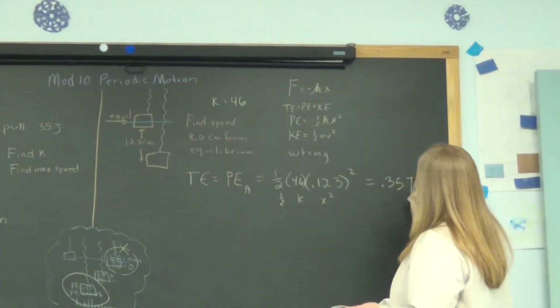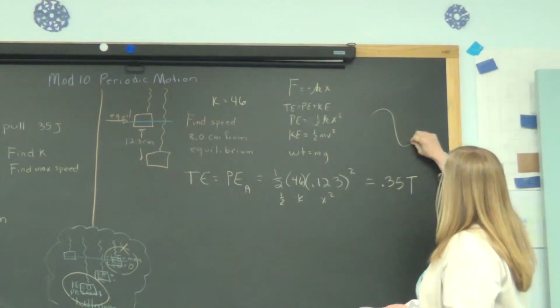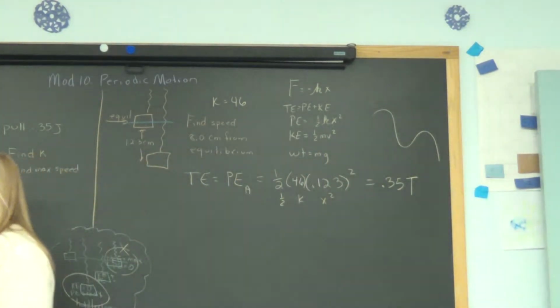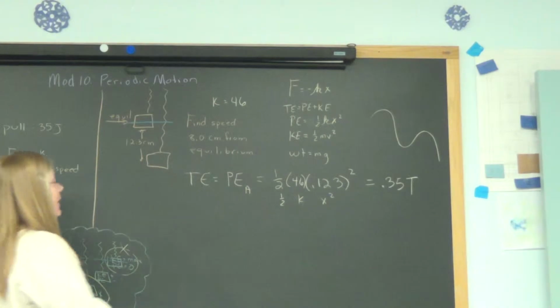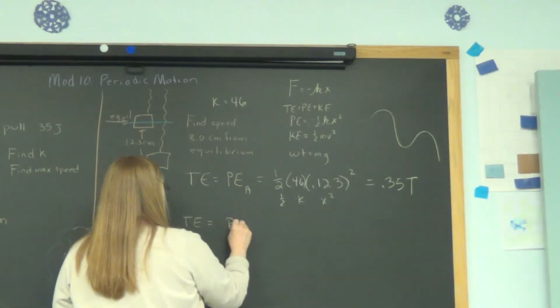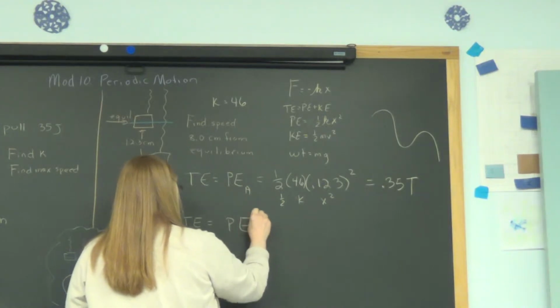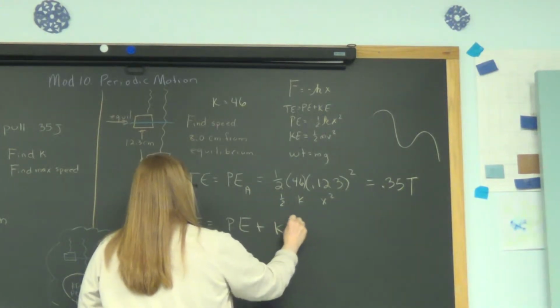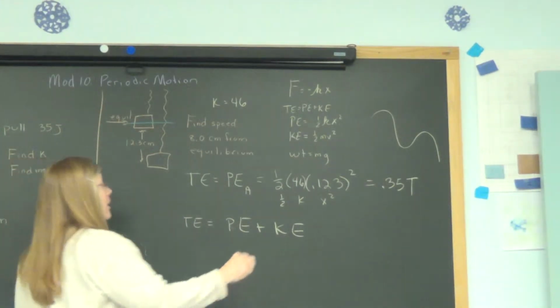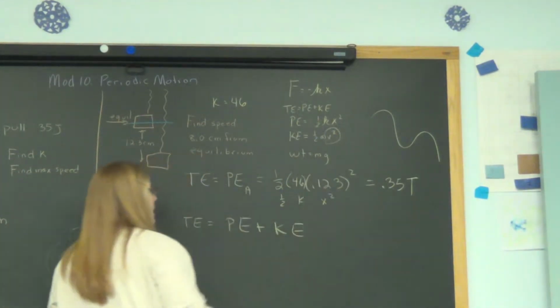All right. If you remember when we studied the roller coasters on the hills, we did this exact kind of thinking. Now, we're going to take the fact that total energy equals the sum of potential and kinetic and find what we need. And the question is speed, so we're looking for this right here.